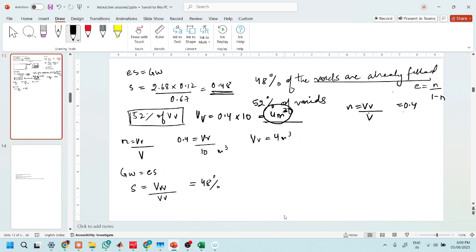So already 48% of 4, 1.92 meter cube of void space was filled with water.